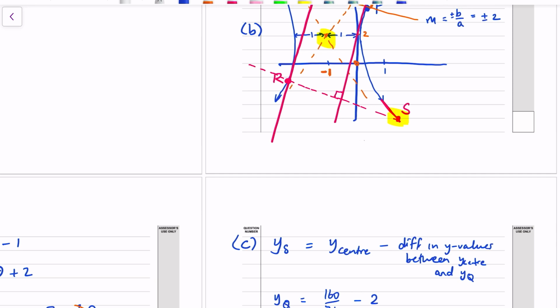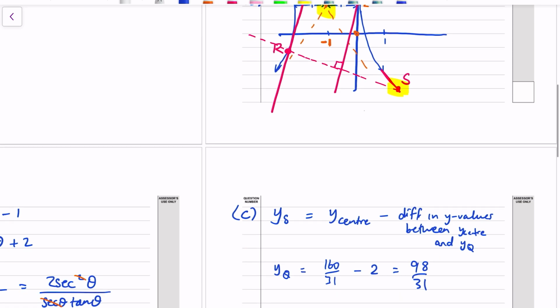Okay, and if you work that out, it comes out to be 98 over 31. And then the Y value of the point S is going to be equal to the Y value of the centre minus 98 over 31. And I work that out and it comes to be negative 36 over 31, which is the answer.